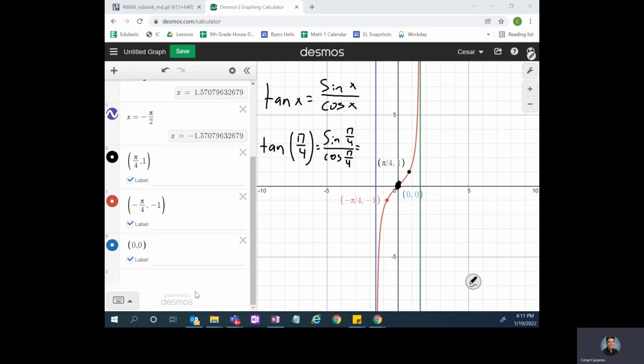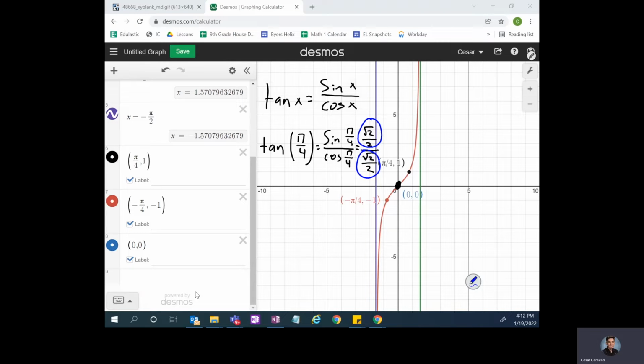Well, at pi over 4, both of these are root 2 over 2. So this fraction becomes root 2 over 2 over root 2 over 2. Now you can turn them into fractions, keep, change, flip, do all that fun stuff. Or you can just realize, well, I have the same number in the numerator and the denominator.